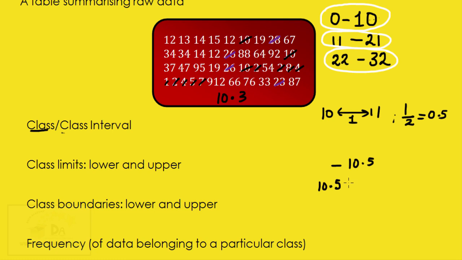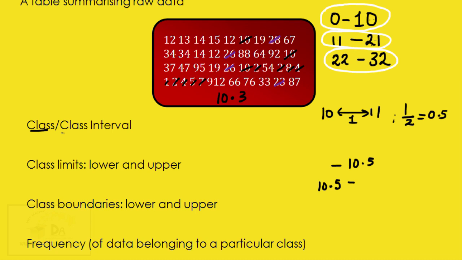And then I can do the same thing to this class here. The upper class limit is 21, and the lower class limit of the next class is 22. There's an interval of 1. 22 minus 21 is 1. So numbers like 21.1, 21.2, 21.3 have no class as it stands now. By dividing the gap between 21 and 22 into 2 halves, I can account for numbers between 21 and 22.